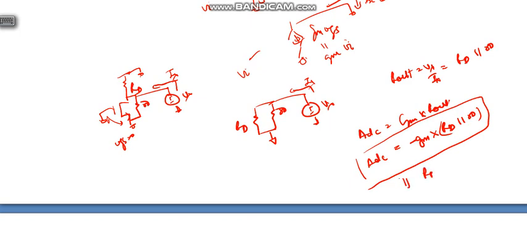If RD is much smaller than ro, ADC is given by minus Gm RD.